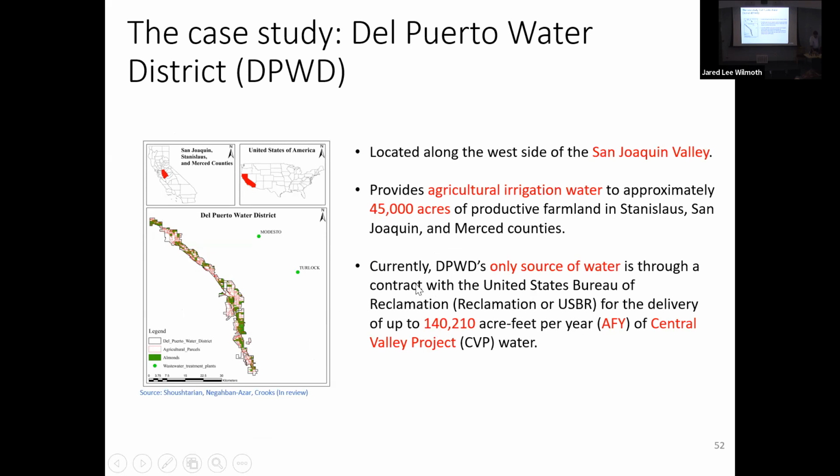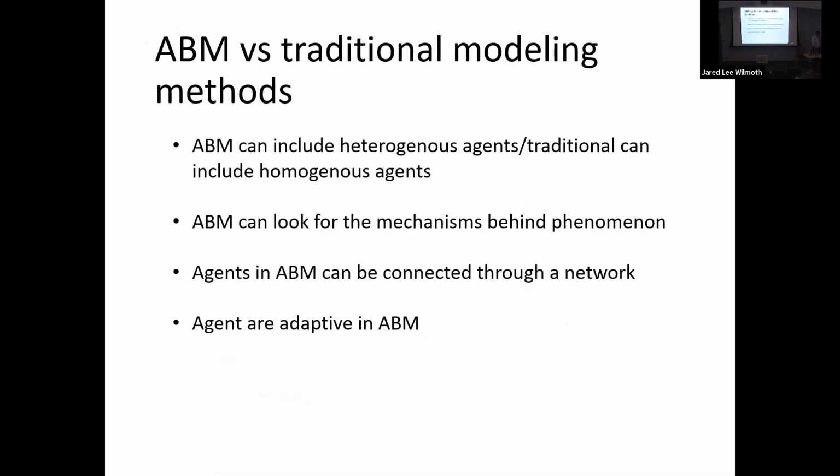And there are two major wastewater treatment plants, one in the city of Modesto and one in Turlock, that they're thinking about providing treated wastewater from those treatment plants to this water district. They're able to provide a significant amount, 140,000 acre-feet of treated wastewater to this water district.